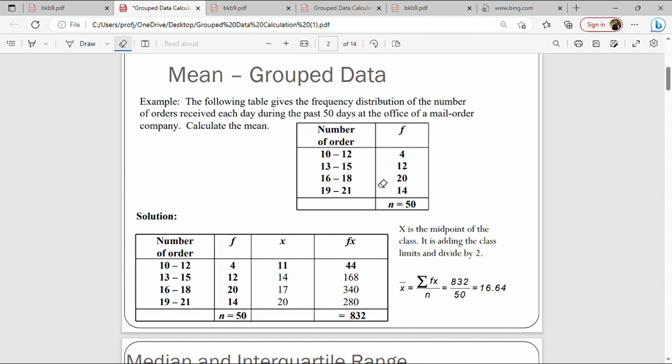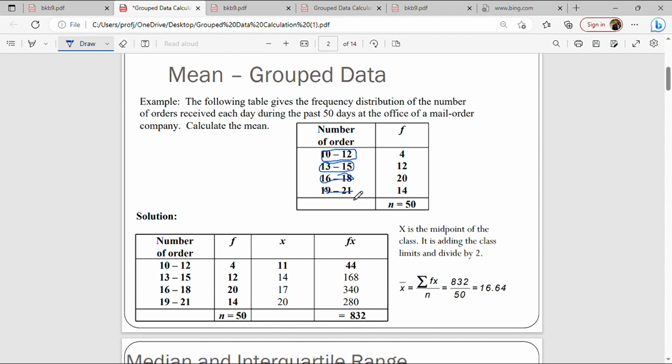Now, for us to get the mean, it is summation fx over summation f. We need to get our x here. How do we get the value of x? We add these two values together, then divide by 2 to find the average. The same thing for the next one, and the next.